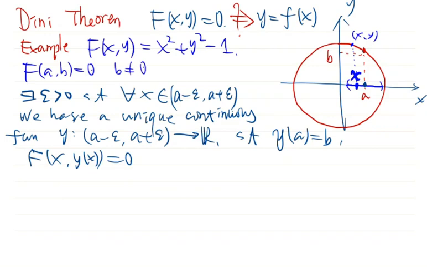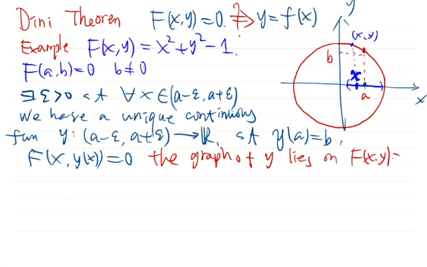Okay, this means the graph of this y lies on the curve F(x,y) = 0. The graph of this function is here. The blue part of the circle is the graph of this function, and such a continuous function is unique.